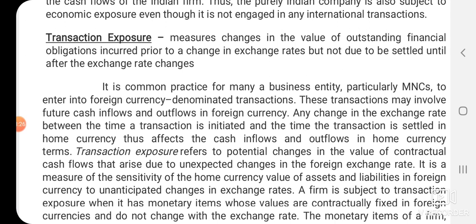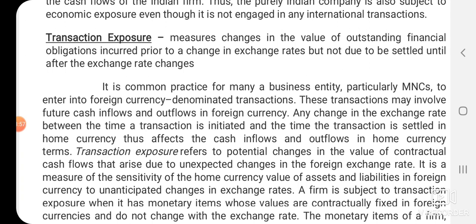Why do they face this risk? Because they are engaging in international trade, international business involving exports and imports. While dealing in such transactions, a certain type of risk is automatically involved. That risk is known as transaction exposure.